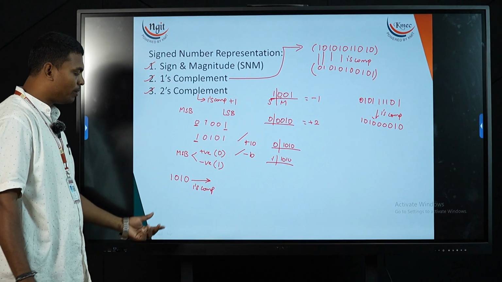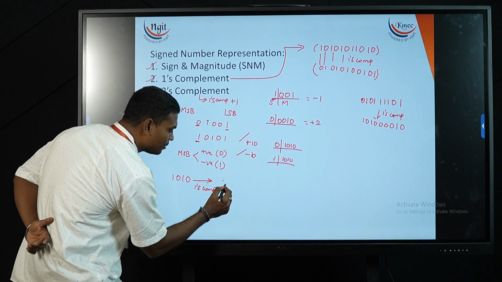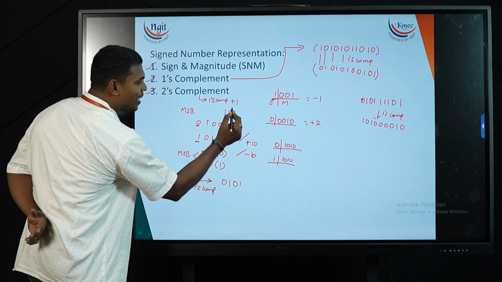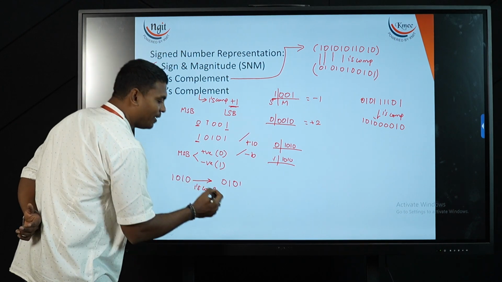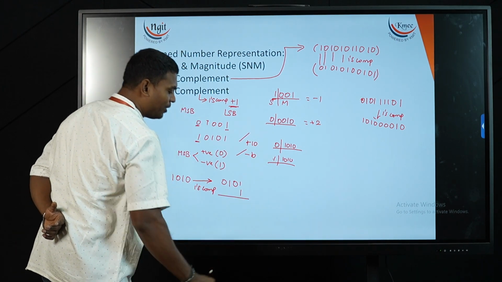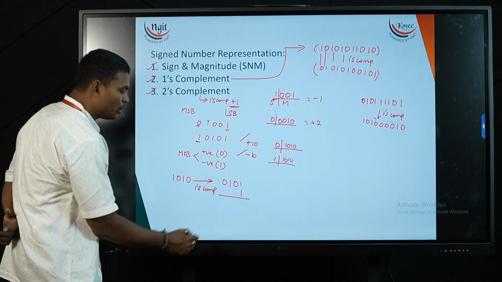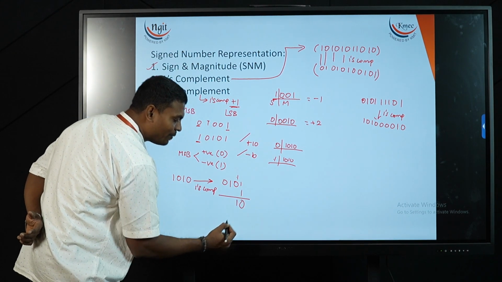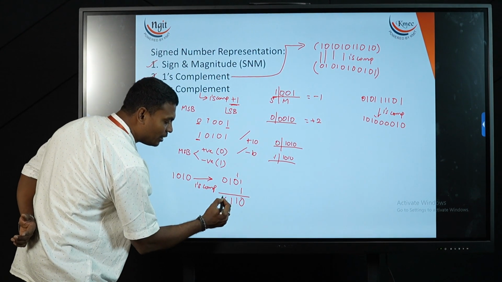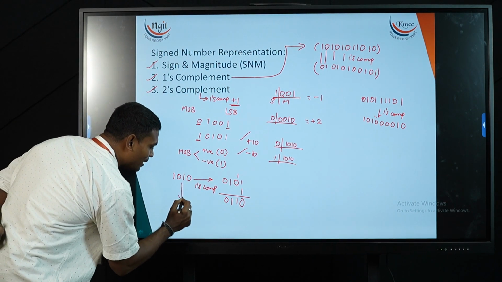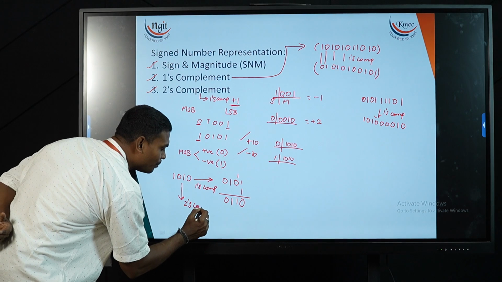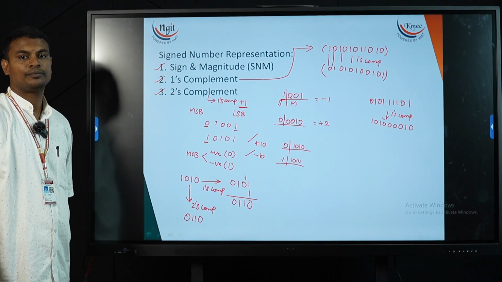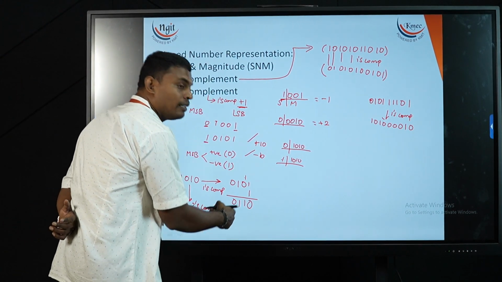First I need to perform 1's complement on it, so that this becomes 0101. Now, to this 1's complemented value I should add 1 to get my 2's complemented value. So 1 plus 1 will be 0 with carry 1, 1 plus 0 will be 1, and 1 and 0. So the 2's complemented value of 1010 is 0110. So this is how the conversion goes.